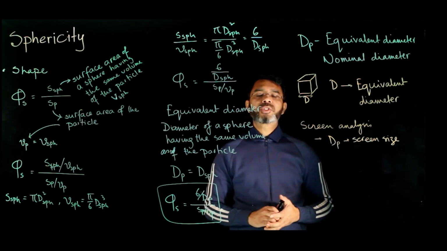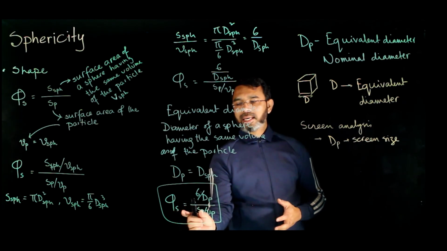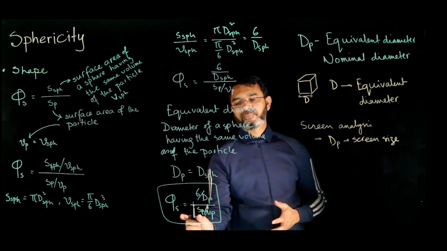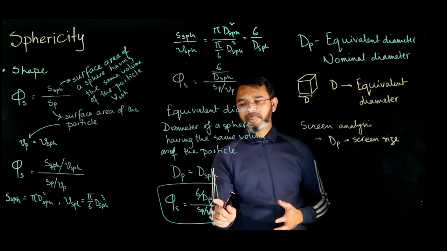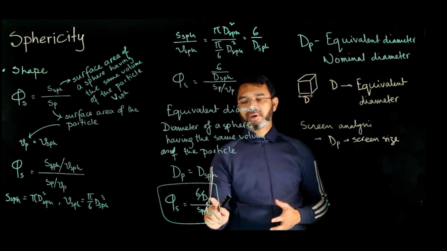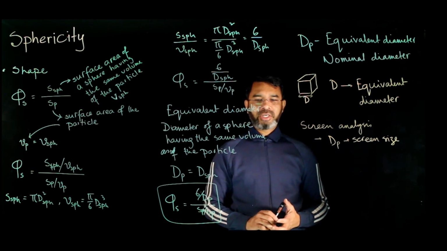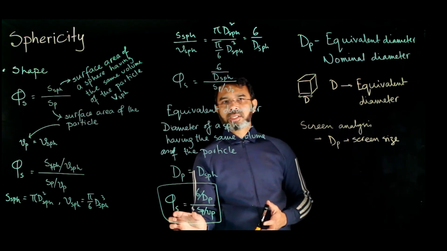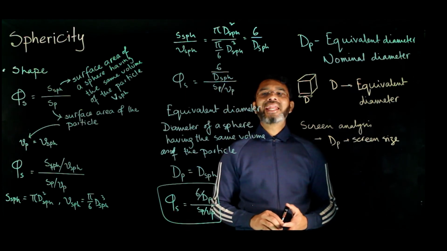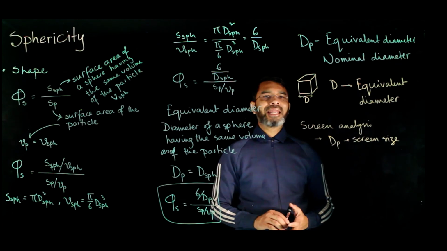You have seen two ways to define the equivalent diameter. However, the definition of sphericity remains the same. Whatever way you define the equivalent diameter, the sphericity is 6 over the equivalent diameter of the particle divided by the surface area to volume ratio. Just to mention that for a sphere, the sphericity is 1, and for any other particles, the sphericity is less than 1.